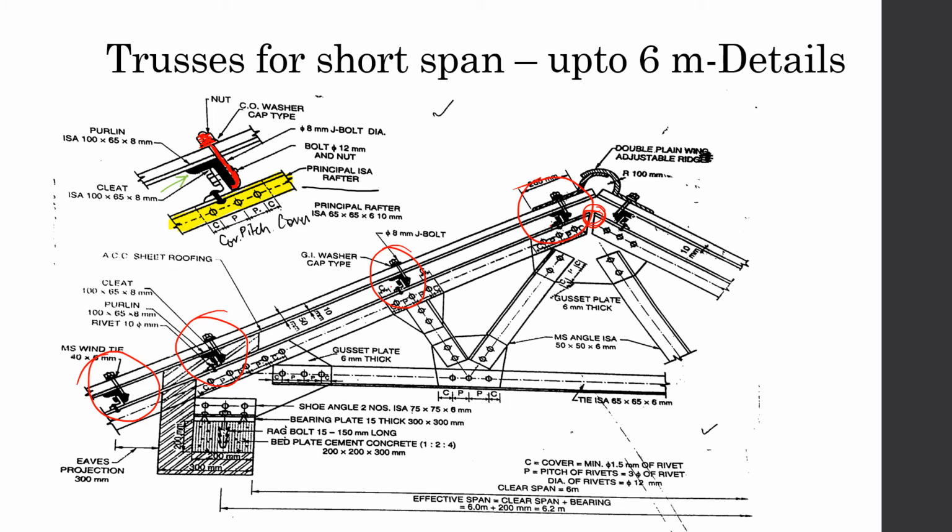So the cleat here is for supporting the purlin. Purlin, we saw what a purlin is. I'm going to highlight this with blue color. So what was a purlin? Purlin was a support which was there to hold the covering over the truss. So you might feel, why do we need a purlin, such a small member, to support the covering over the truss?